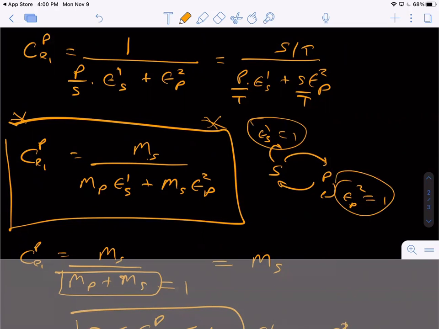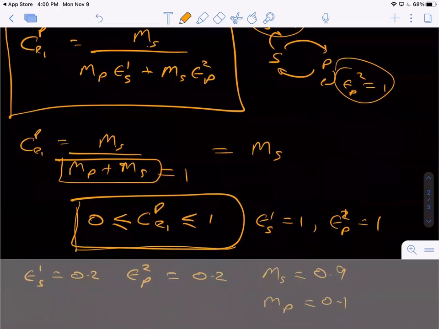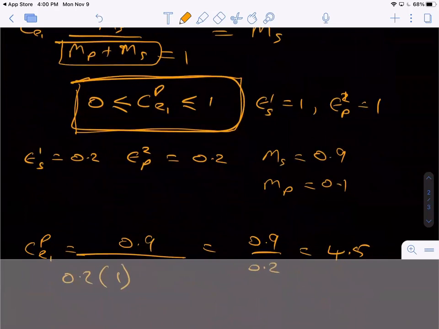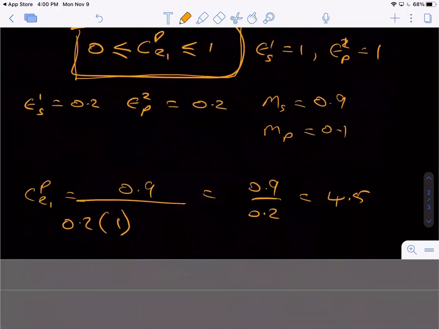In other words, the kinase and phosphatase are not saturated at all. We end up with this simplification. It turns out then in that case that the control coefficient is bounded between 0 and 1. If, on the other hand, the elasticities are less than 1, for example, 0.2, I can get very high sensitivities, which is in the region of ultrasensitivity. Okay, thanks very much.